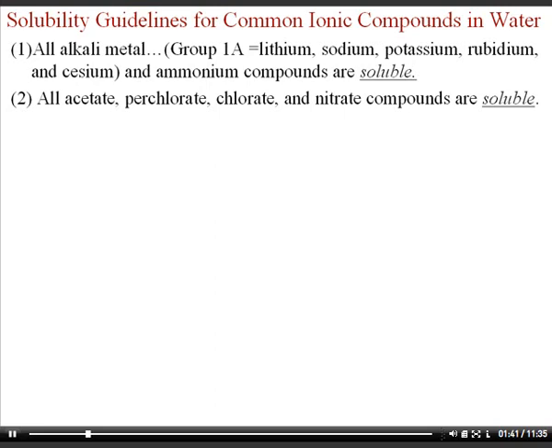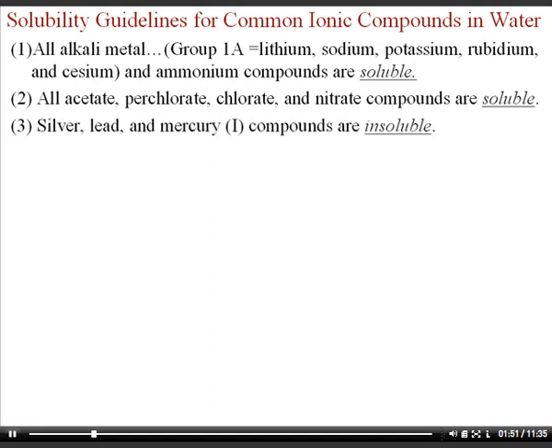And then all of these anions are going to be soluble no matter what metal they're hooked up to. So acetate, perchlorate, chlorate, nitrate compounds all dissolve in water. Now rule number 3 tells us what metals do not dissolve except if they're hooked up with an ion in group 2. So silver, lead, and mercury 1 compounds are insoluble unless, again, they're hooked up with acetate, perchlorate, chlorate, or nitrate.